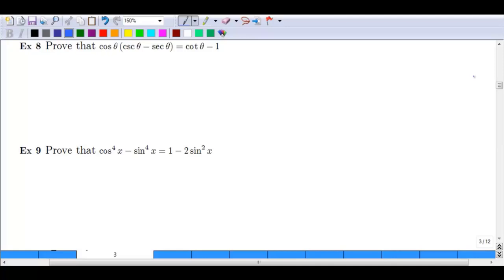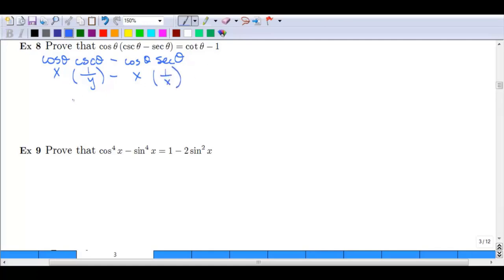So we look at distributing, we've got cosine of theta, cosecant of theta, minus cosine of theta times secant of theta. Again, we can either convert to our x and y components here, which I'll do. Cosine is x, cosecant is 1 over y, minus cosine is x, secant is 1 over x.